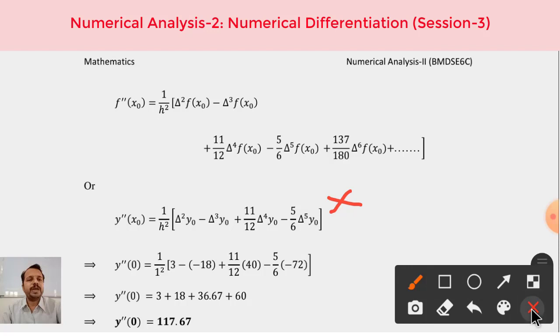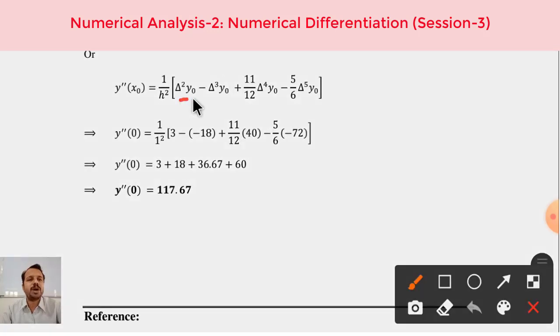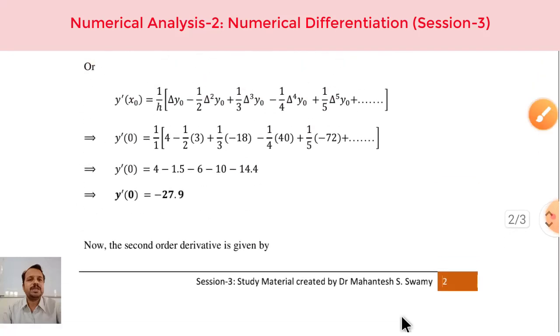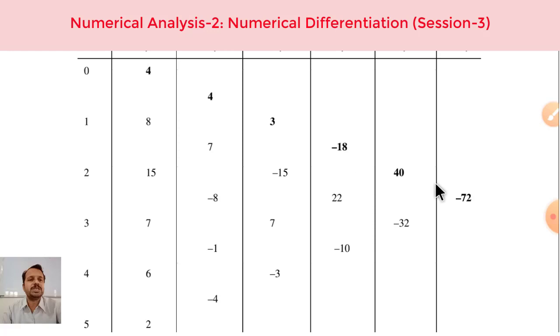And now the next step is to substitute the values of delta square y naught, delta cube y naught, delta fourth y naught, delta fifth y naught. They have to be obtained from the same difference table which we have already constructed in the beginning itself. The same difference table will give us the values of these things.